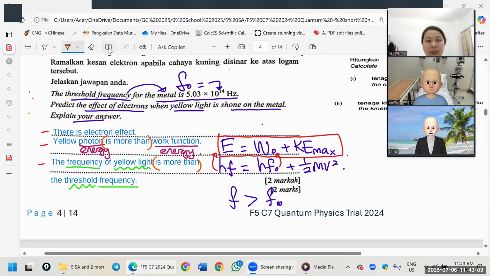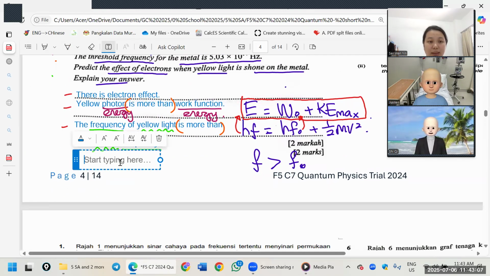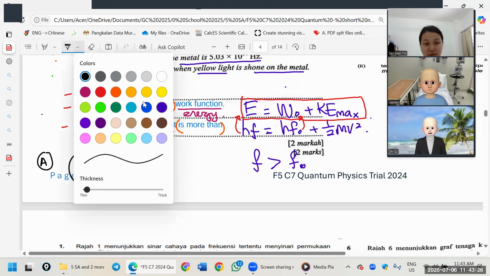Okay, let me test you something. So for example, let's say I have two balls here, one A, one B. Obviously, B is bigger, heavier.